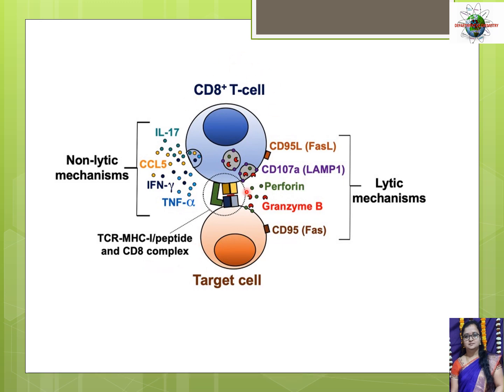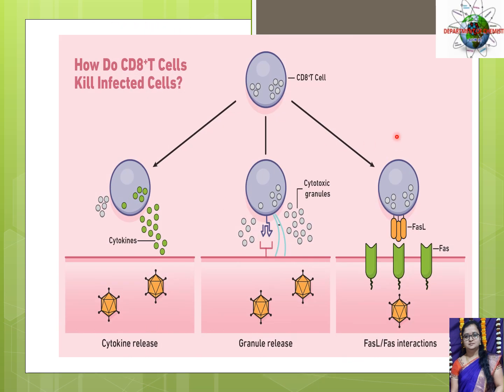Mostly CD8 cells work on this major histocompatibility complex. Here this is a picture showing how the CD8 plus T cells kill the infected cells. Any of the infections, the CD8 plus T cells kill those particular infected cells.